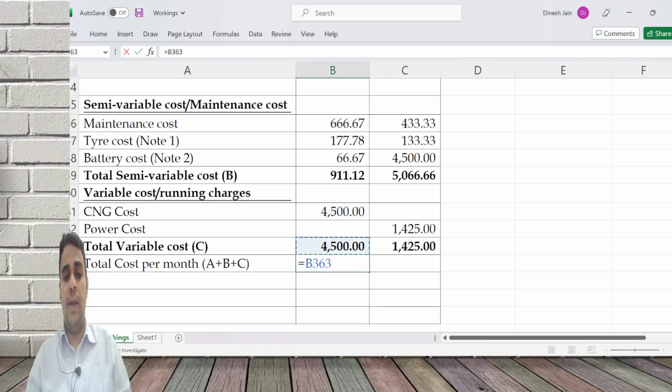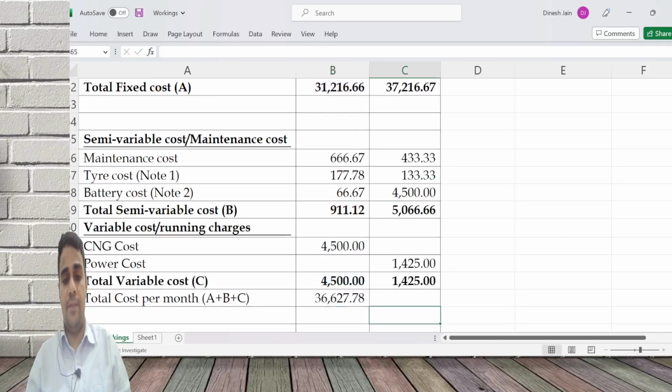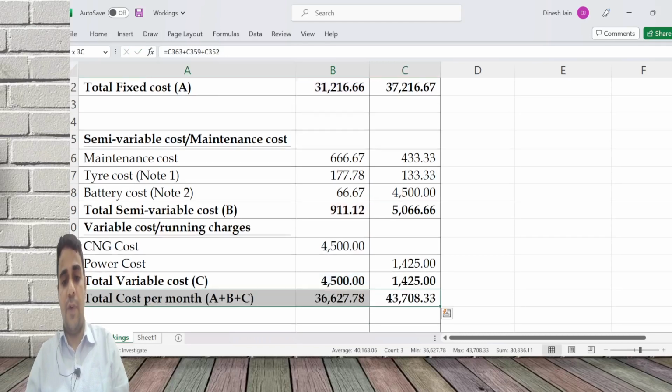Cost of running the car, CNG and EV for a month, that is 6,000 and some 43,000.